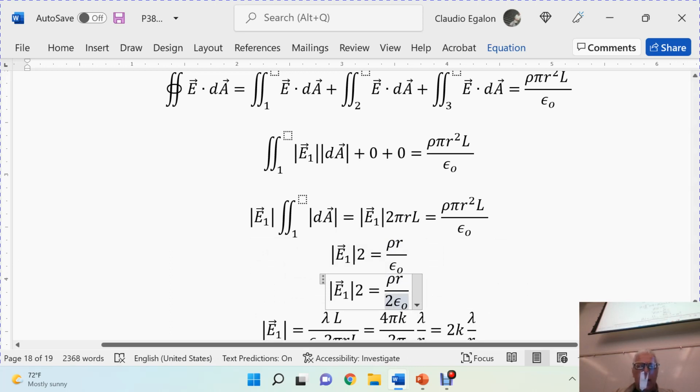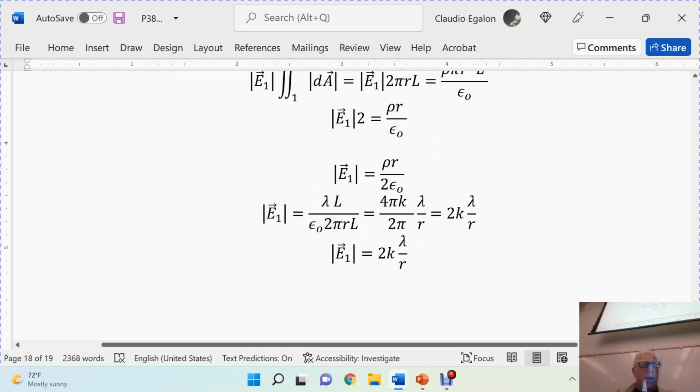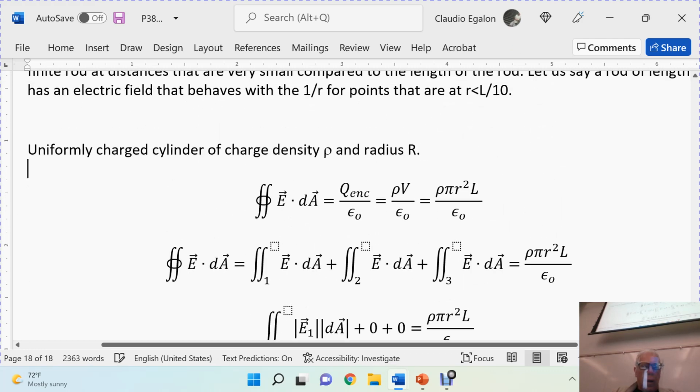Inside the cylinder, the field increases linearly with the distance. I'm going to put it here, r less than big R.